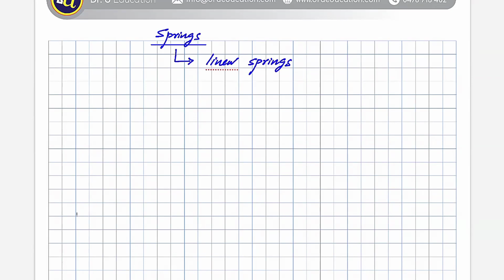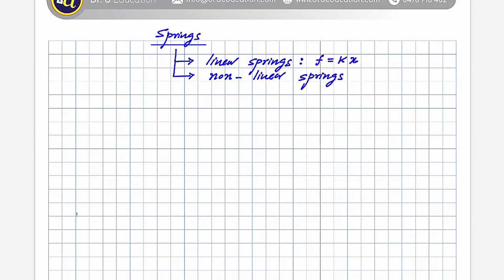So, springs you can categorize into two parts: linear spring and non-linear spring. We don't have non-linear springs in our syllabus, but I will show you what type of things you will get in non-linear springs. In linear springs, you get something like this.